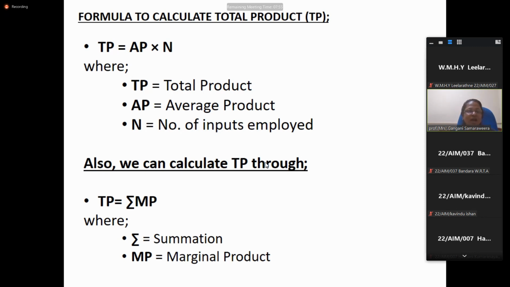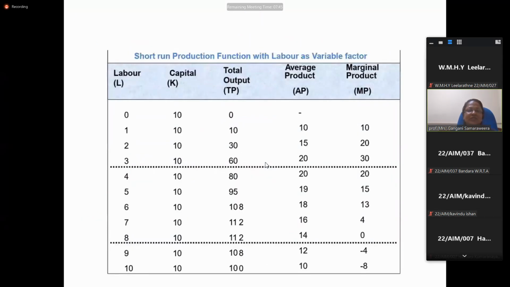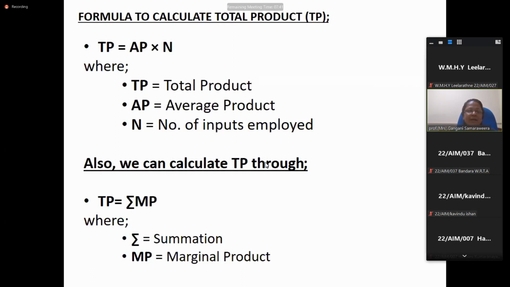If you have the marginal product, the summation of marginal product is also the total product. You can compare these values with this. So there are different ways of calculating total product by using average product and marginal product.